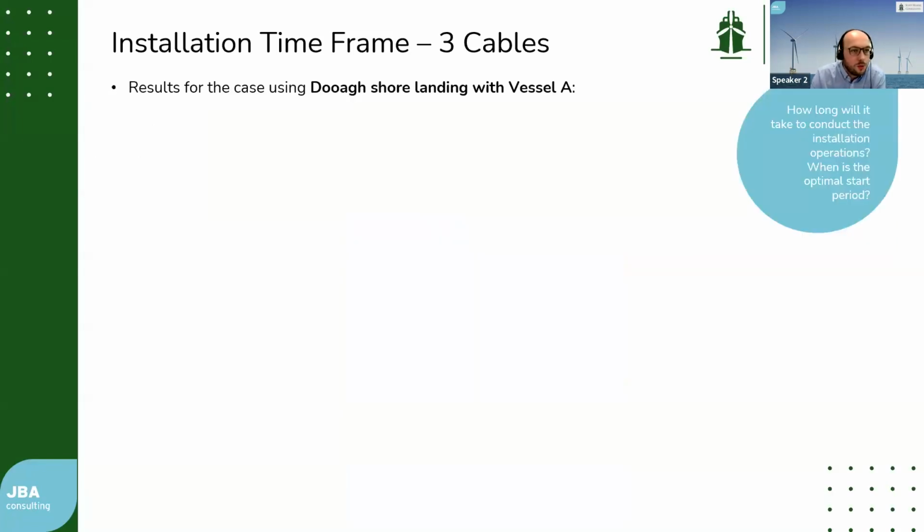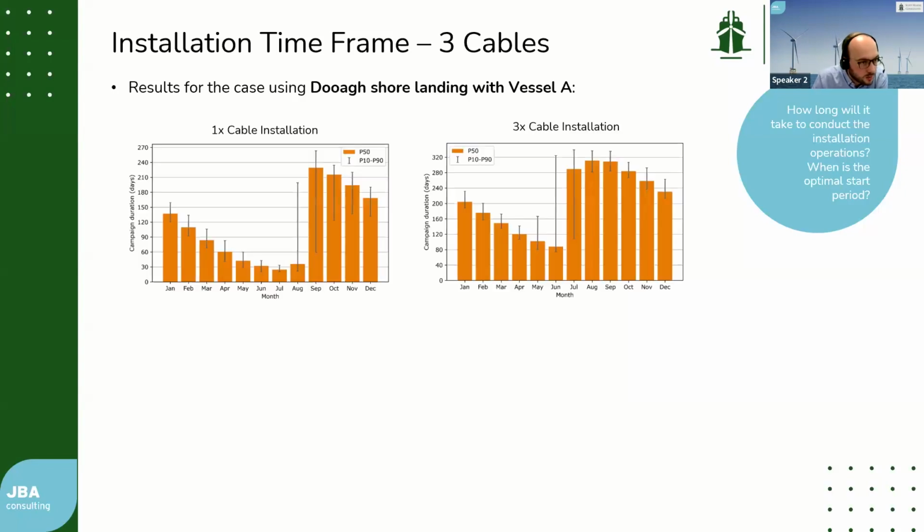I think the important thing here is that, again, for the purpose of comparison, we have just modelled, in this case, the shorter cable route using our base case vessel, which is vessel A. And if we compare the results for our campaign duration, for our single cable installation, we had a start date in July showing the optimal campaign duration.